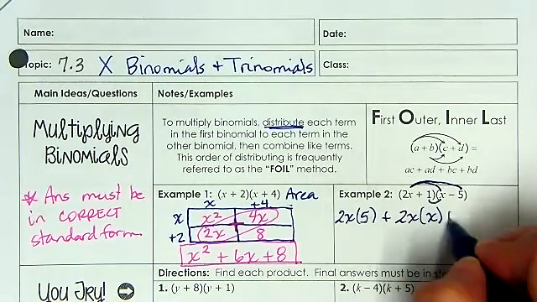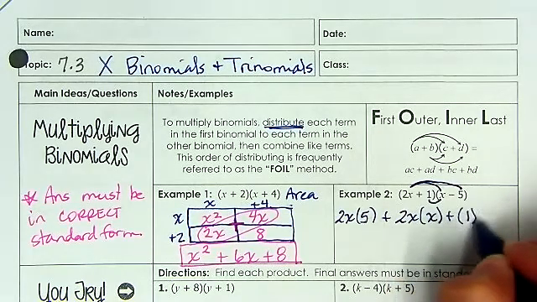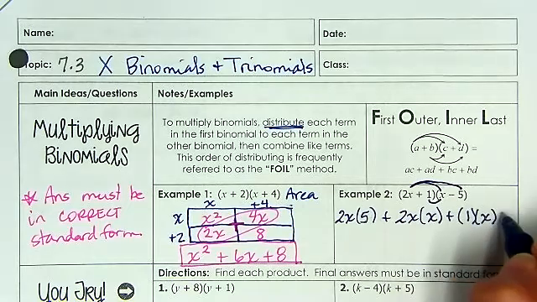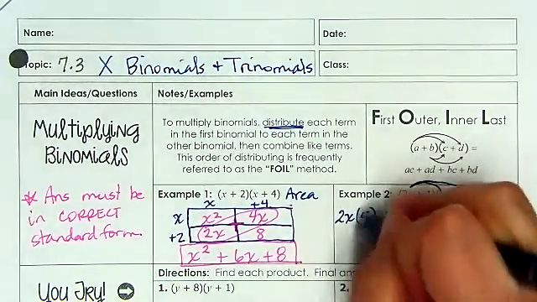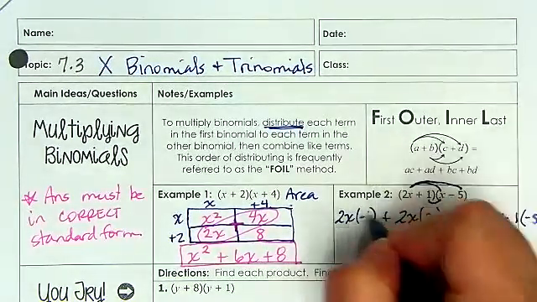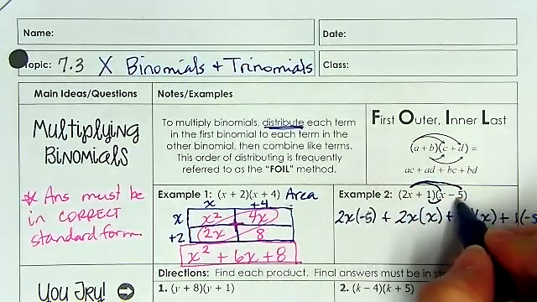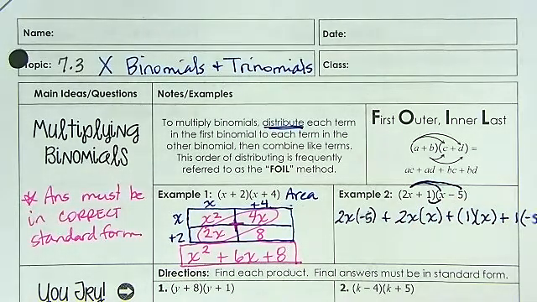So we have plus 1 times x plus 1 times, oh, that's a -5. I didn't pay attention to that over here. Gotta pay attention to those signs. That's a -5 right there. And now we simplify.